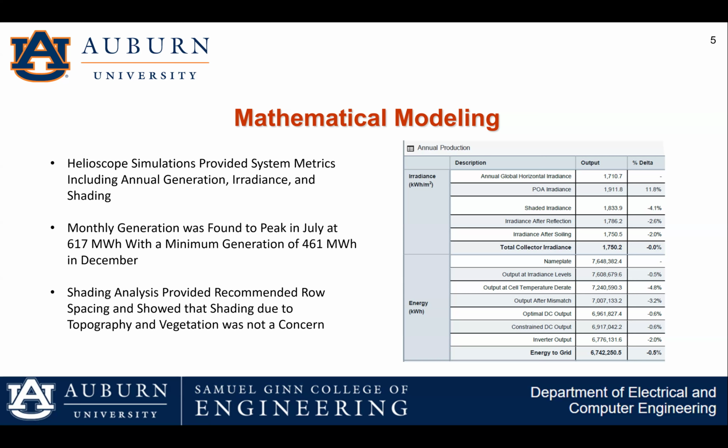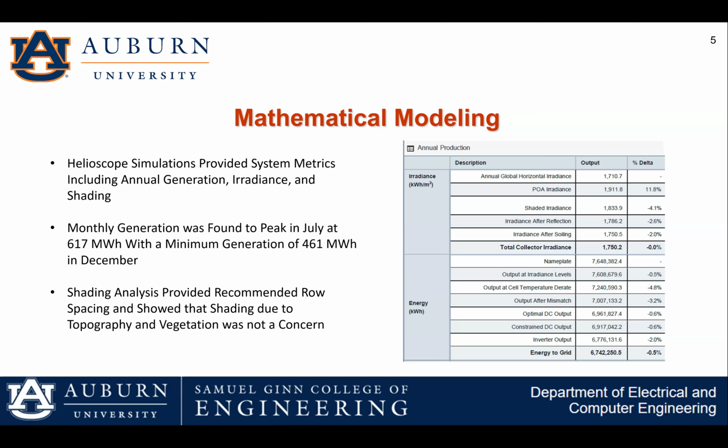There again, as I mentioned before, the shading analysis allowed us to determine our optimum row spacing, where we'd have the most square footage of the property covered in panels, while also not shading every row with the row in front of it. Through this, we determined that this facility actually generates significantly more energy than I was expecting.